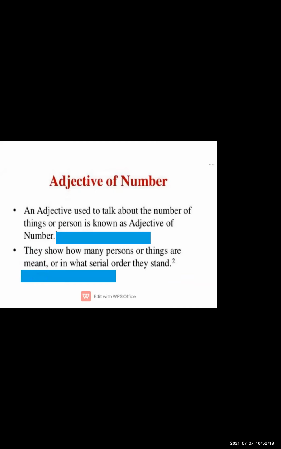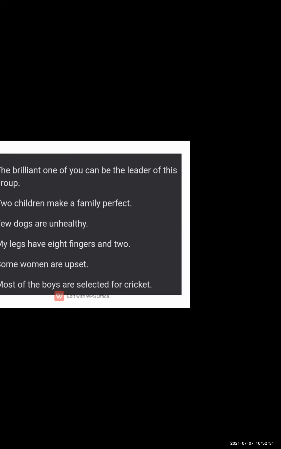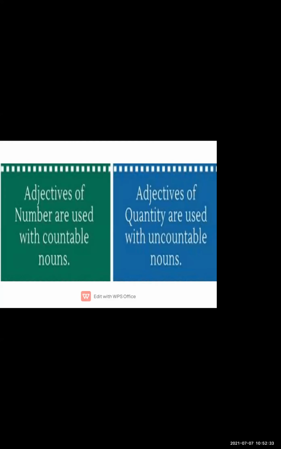Adjective of quantity and adjective of number are somewhat similar. Most of the students get confused between them. Remember one thing, students: in an adjective of number, you can count the noun easily.